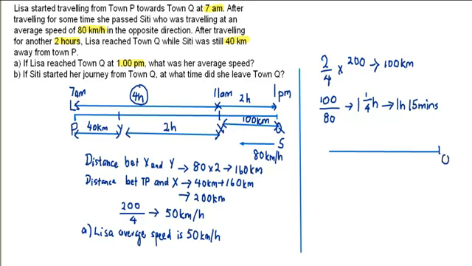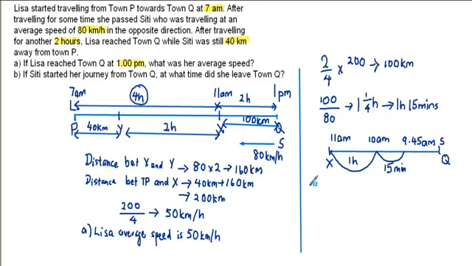This is Cici at point Q. This is point X. And if this is 11 a.m., we shall compute the time backwards. So 1 hour 15 minutes would be 10 a.m. for 1 hour, and for 15 minutes the time would be 9:45 a.m.